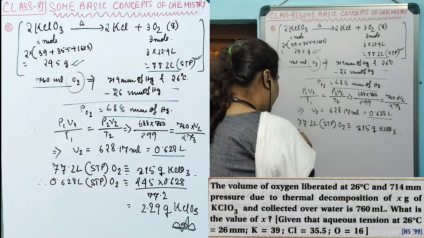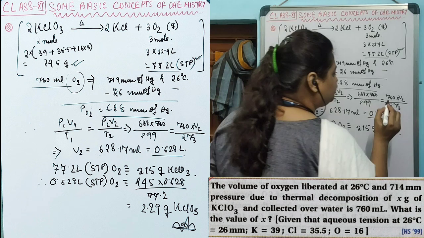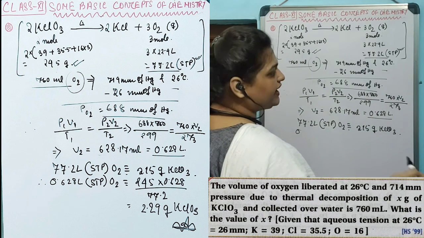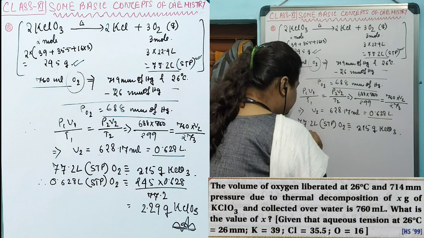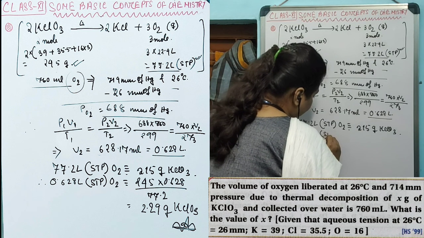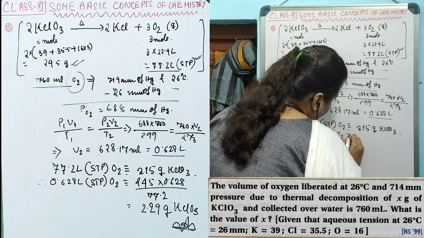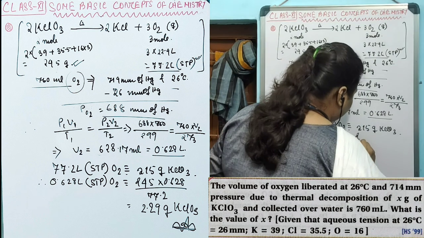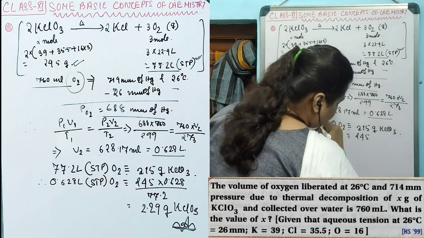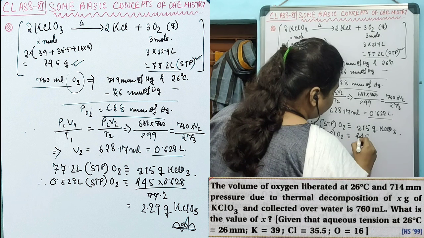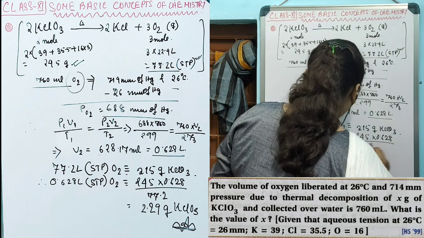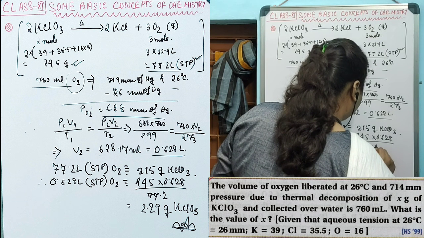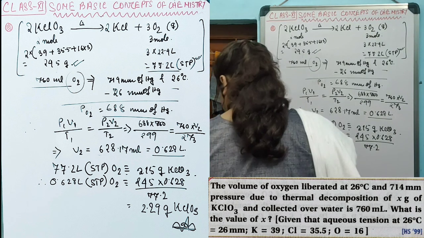But we have to find out the amount of KClO3 for 0.628 liter of O2. Therefore, when 0.628 liter of O2 at STP is produced, the amount of KClO3 that will be decomposed is found by 245 multiplied by 0.628 divided by 67.2.